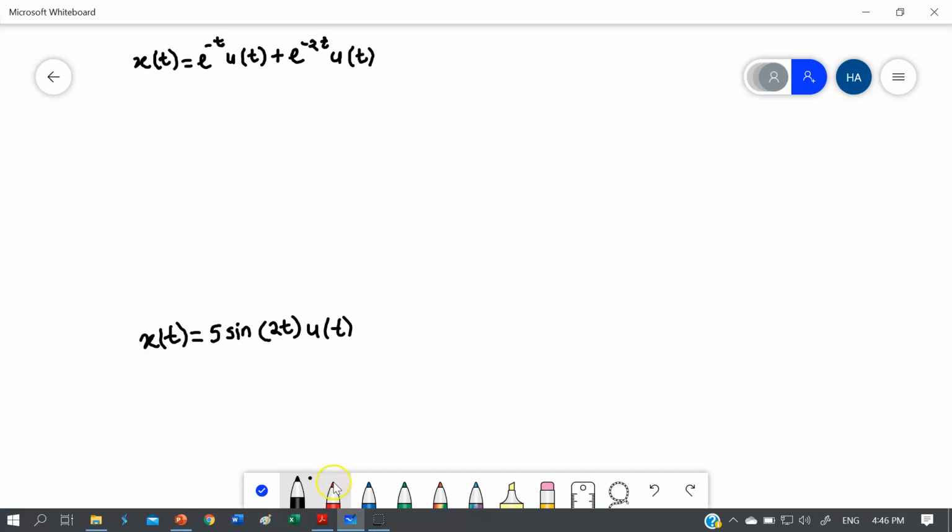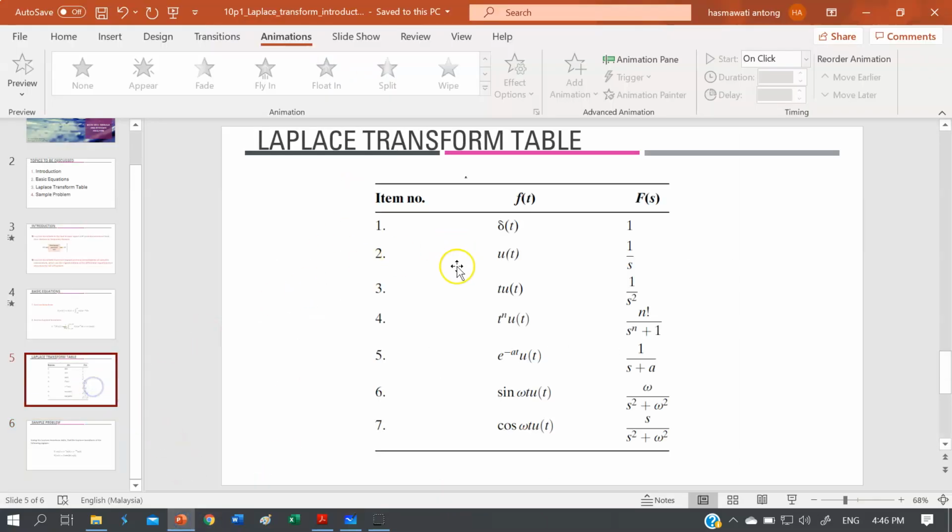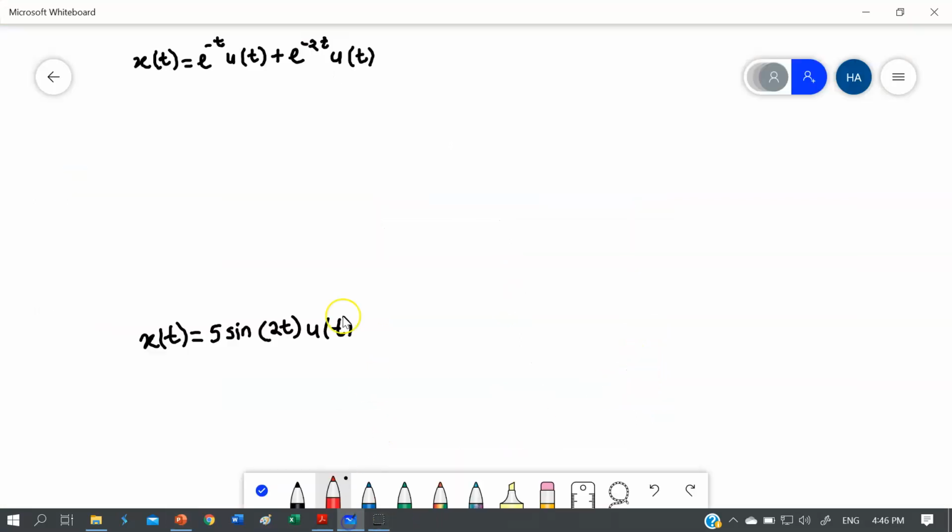The first one is x of t equals e to the minus t u of t plus e to the minus 2t u of t. If we look back at the table, we can see e to the minus at u of t. If we have this signal in the time domain, the equivalent Laplace transform is 1 over s plus a.